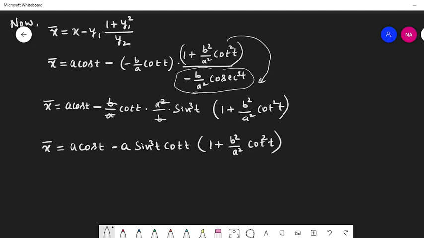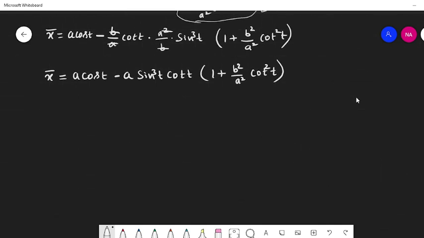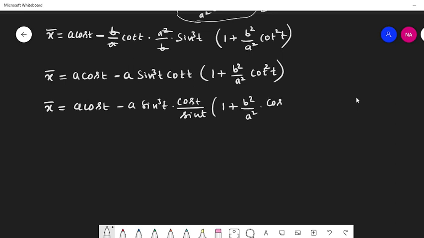Let us write all the terms in terms of sine and cos only. You have to write this cot in terms of sine and cos. So actually this will be x bar equal to a cos t minus a sin cube t into cos t by sin t times 1 plus b square by a square into cos square t by sin square t.